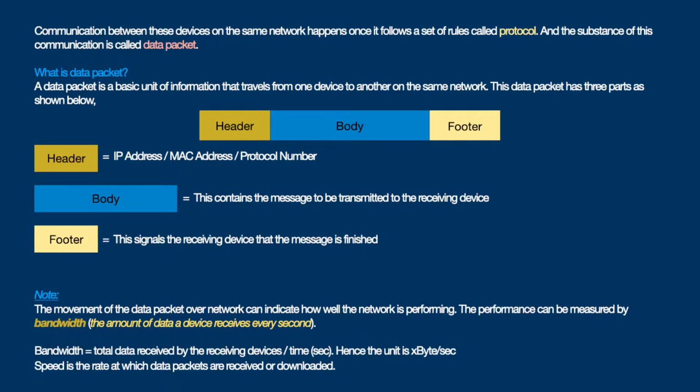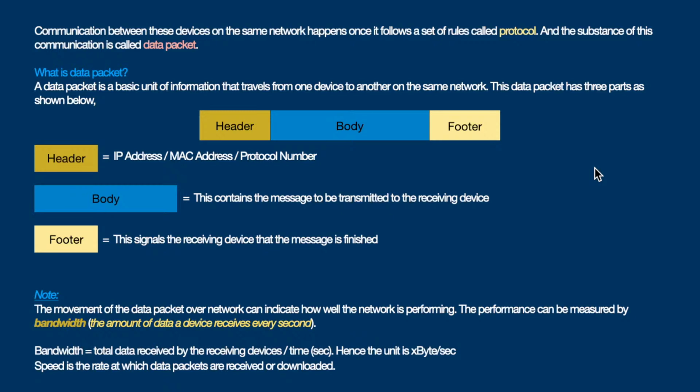That is very essential. Remember, on the same network. This data packet has three parts, as shown below. Like I told you, we call it data packet because you have the word data and packet. It has the header, the body section, and the footer section.